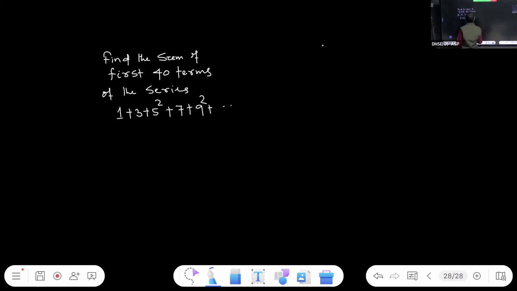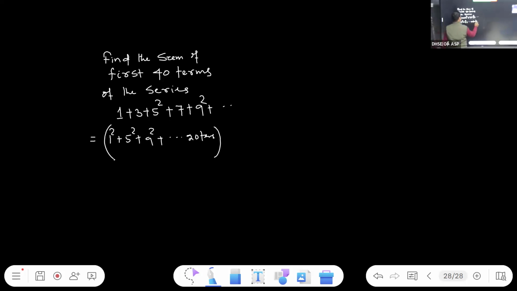This can be written as 1 square plus 5 square plus 9 square up to 20 terms, plus 3 plus 7 plus 11, 20 terms.